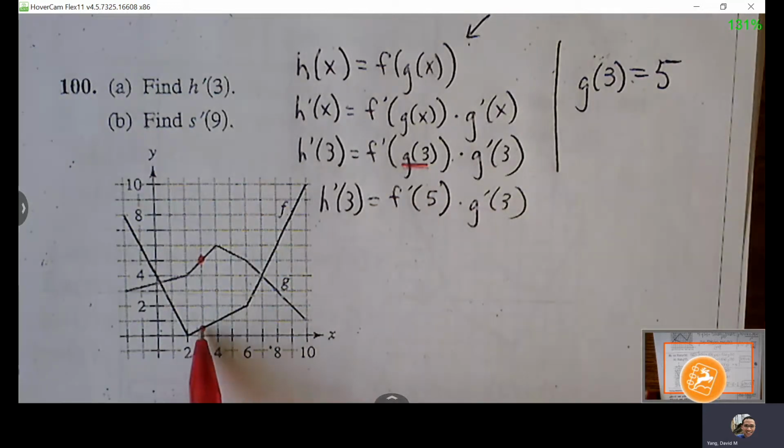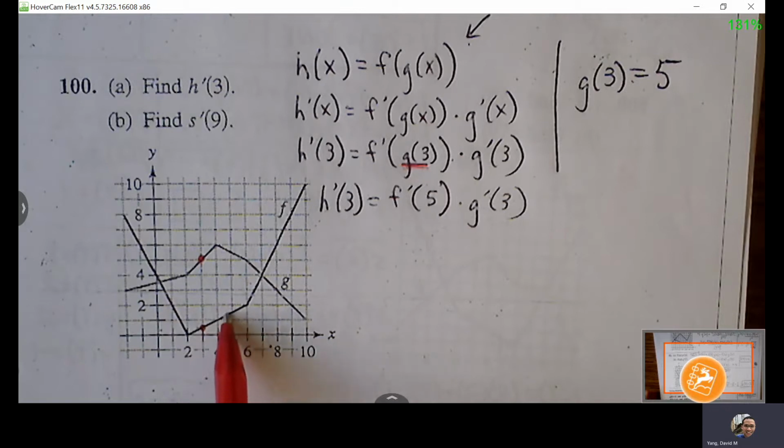So we have to shift over a bit here. I need to find the slope of this F graph at 5. Any idea what the slope of this line segment is, or how we can find the slope of this line segment? It's not quite 1/2.